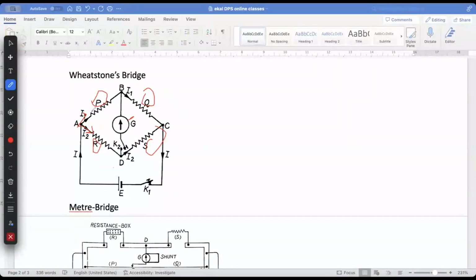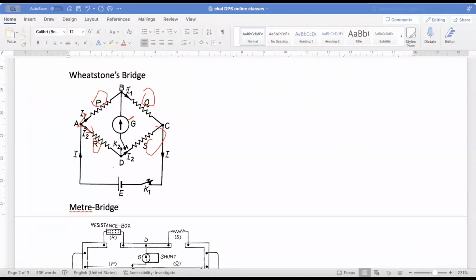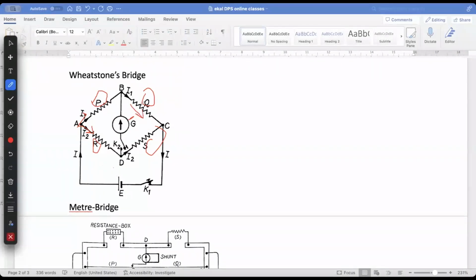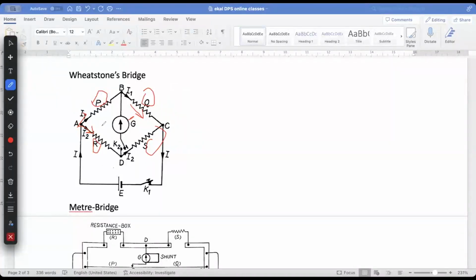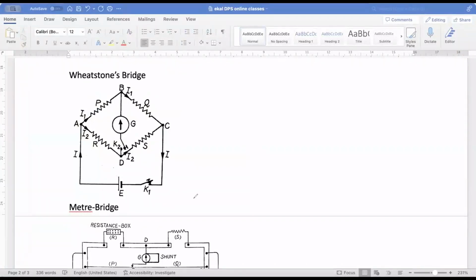Now the same current I1 will flow through this arm BC, or this resistor Q. And the same current I2 will flow in this arm DC. Fine? So when we press this key K2, there is no current flowing through BD.